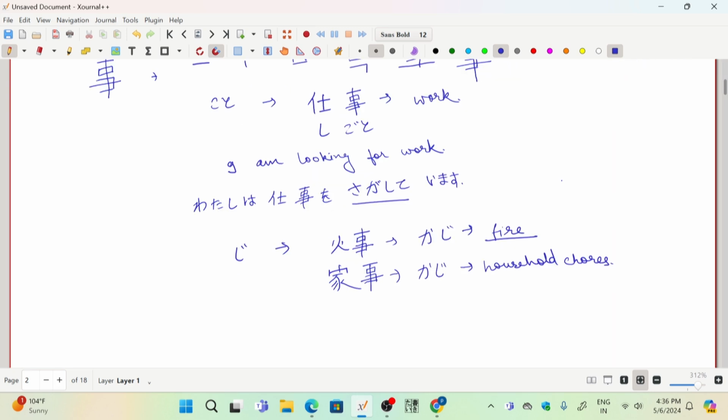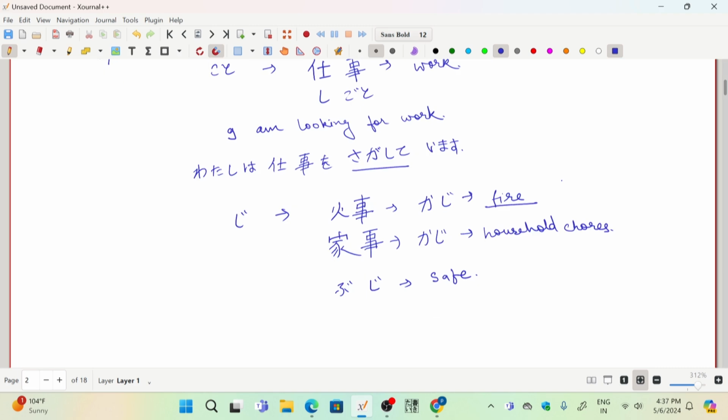Next we can use this kanji with buji, bu and then ji, which means safe. Next you can use is yoji. Yoji is some work, not official work, but some work. So this ji indicates work.